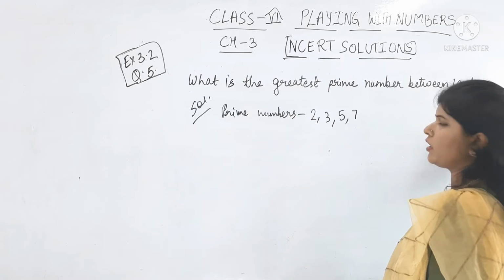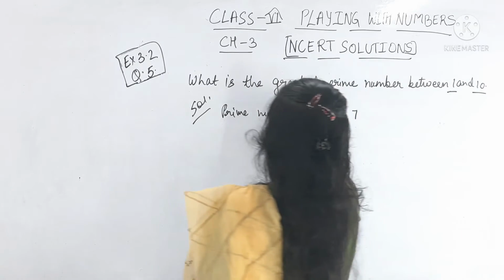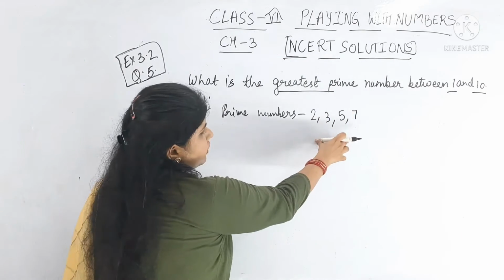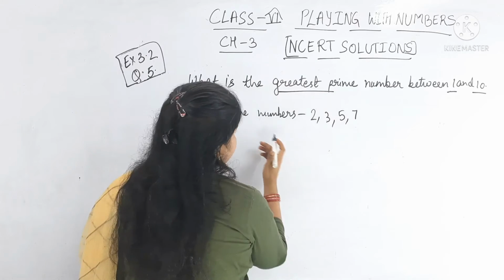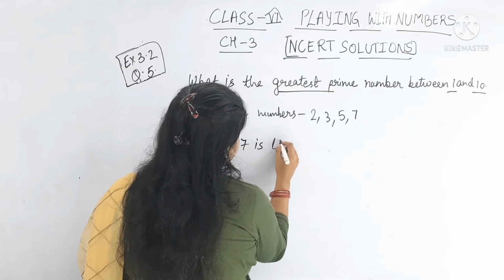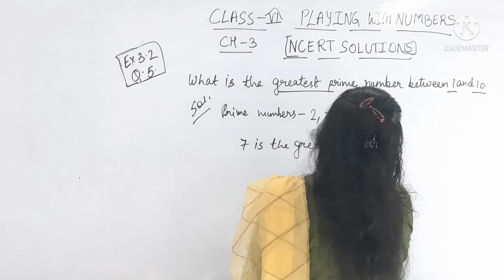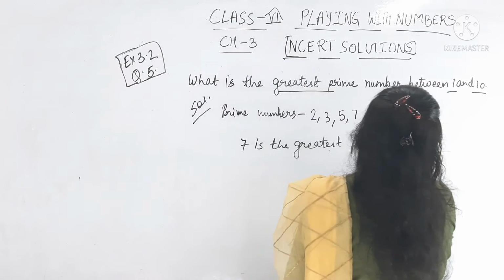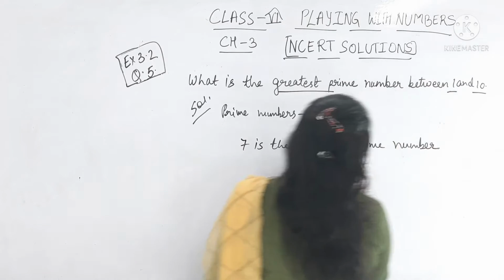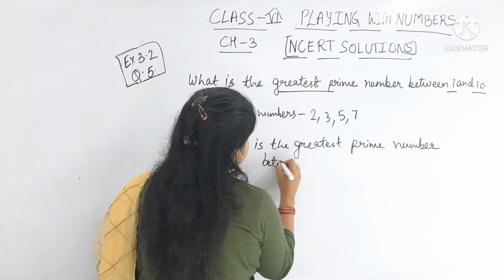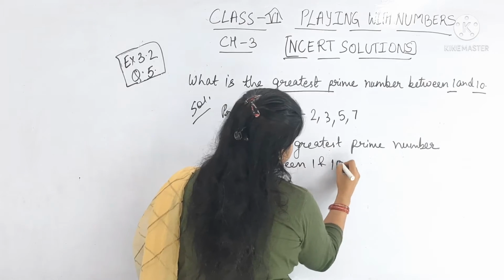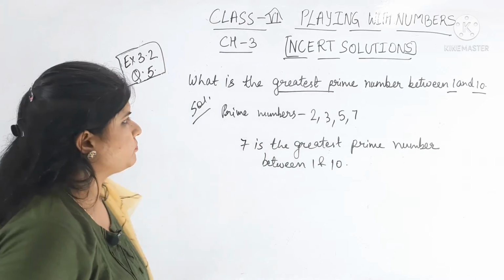The question is the greatest prime number among them. So here 7 is the greatest prime number between 1 and 10. That is your answer.